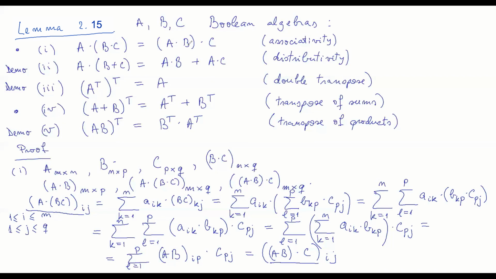And so now to prove also the fourth property, which was the transpose of sums. So the property that I want to prove now is that (A plus B) transpose is A transpose plus B transpose.